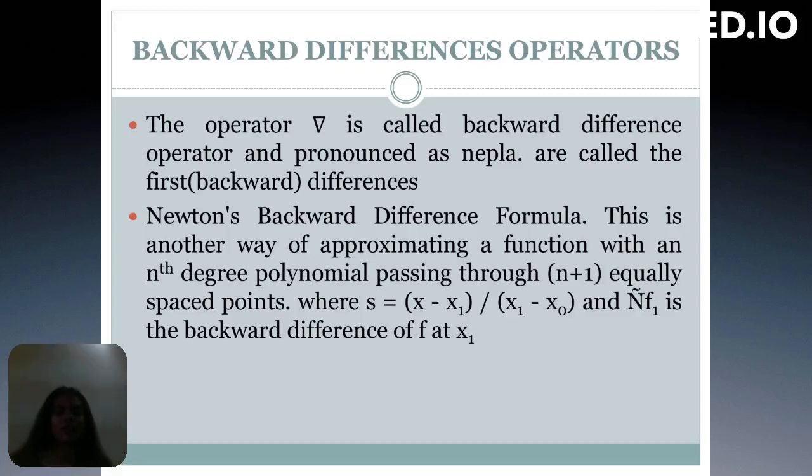And basically, the Newton's backward difference, also known as the Newton's backward difference formula, is used for approximating a function with n degree polynomial passing through n plus 1 equally spaced points, where s is equal to x minus x1 divided by x1 minus x naught, where nabla f1 is the backward difference of f at x1.